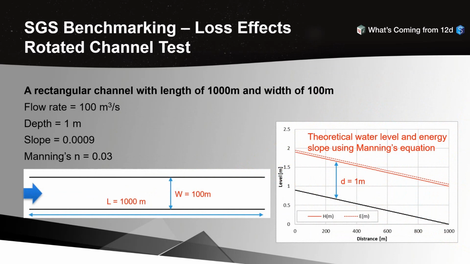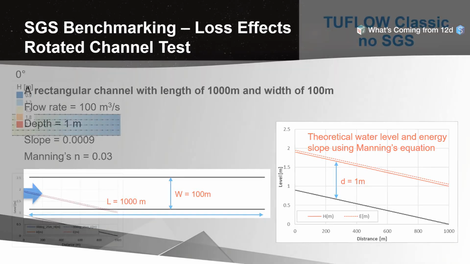Let's talk about the loss effects first. It's easiest done by looking at a very simple benchmark test case. Here we have a rectangular channel with a known length, known width, known flow, slope, and Manning's N. From that information, we can calculate a known answer, both in terms of water level and energy slope.